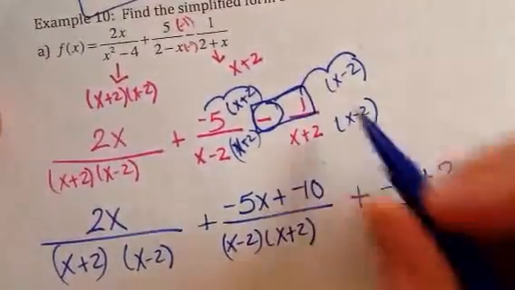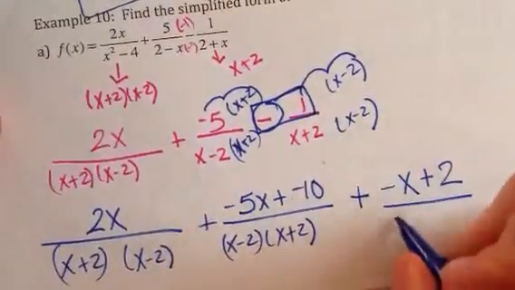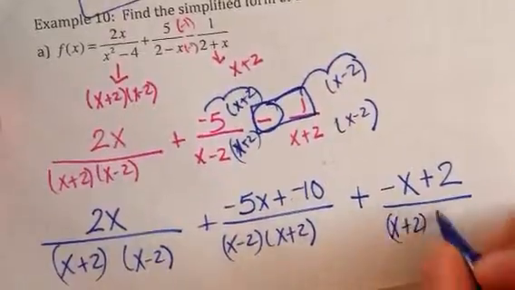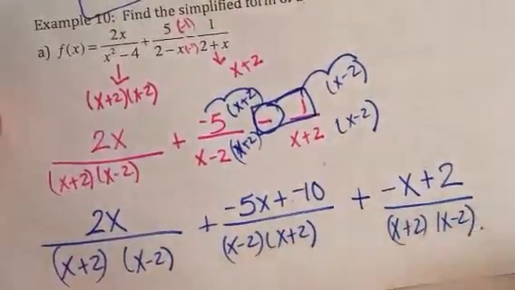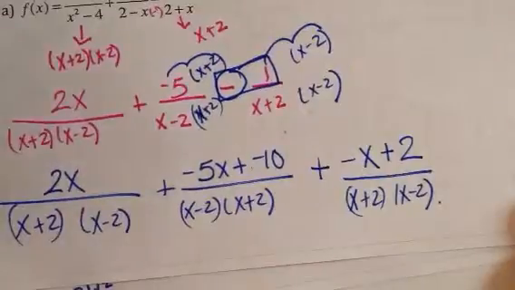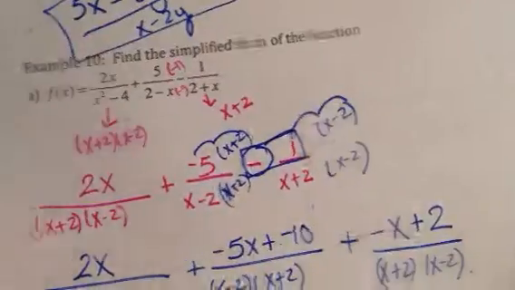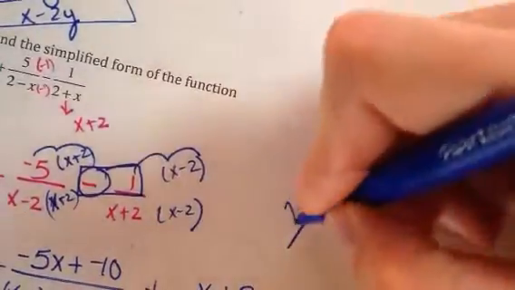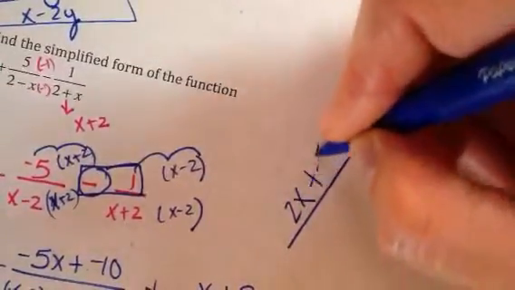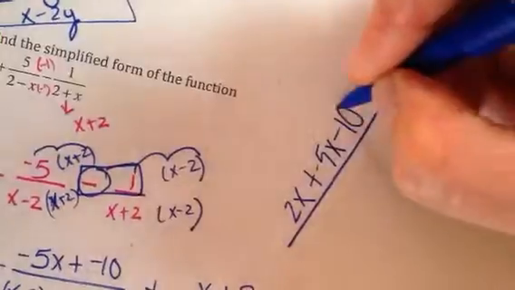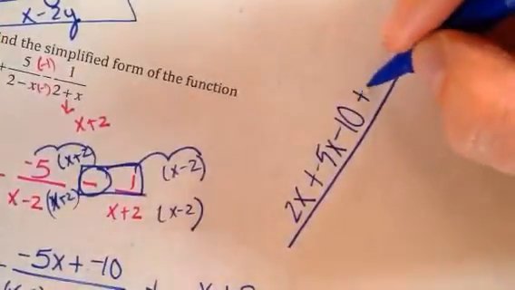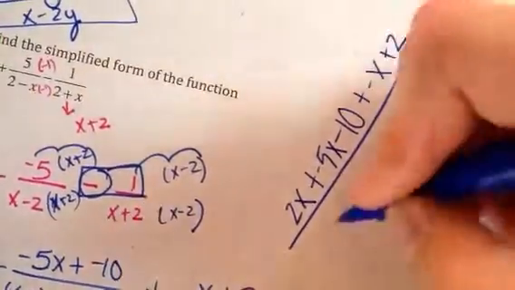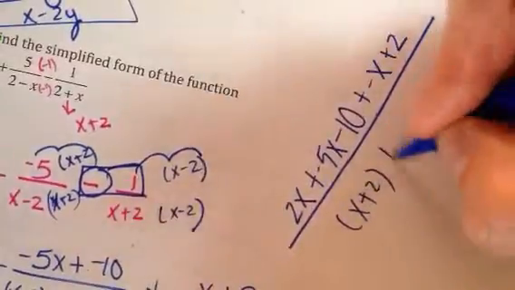So when I took that negative with it, I just made my sign positive to know that I don't need to change my signs anymore. Now, once I have the same denominator, I can write the denominator once and one numerator. So I'm going to have 2x plus negative 5x minus 10, or plus a negative 10, plus a negative x plus 2 over x plus 2, x minus 2.